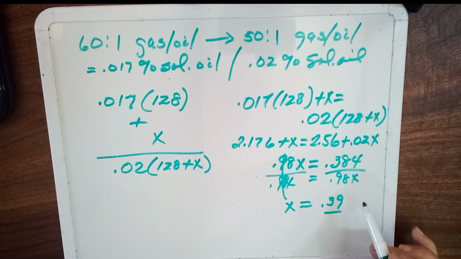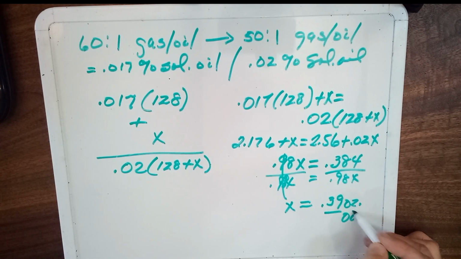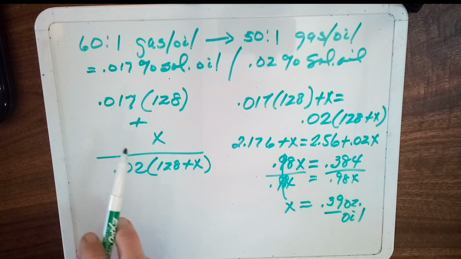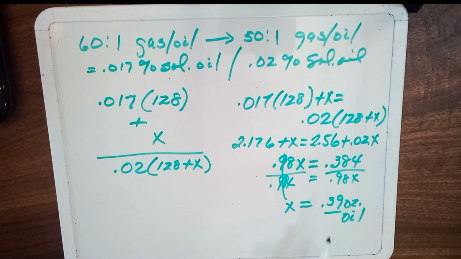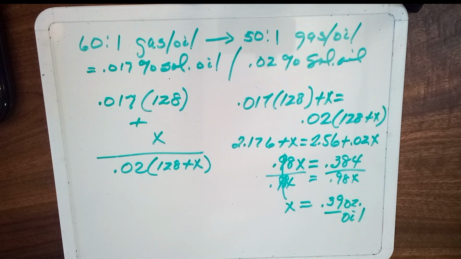And since we've got our units in ounces and we're solving for oil, that's 0.39 ounces of oil. So the answer then, in 1 gallon of mix of 60 to 1, I'm going to add just one measurement, 0.39 ounces of oil, to bring it to 50 to 1.